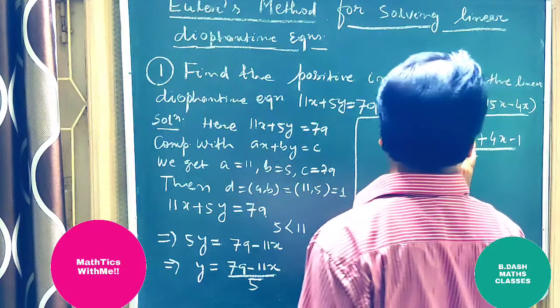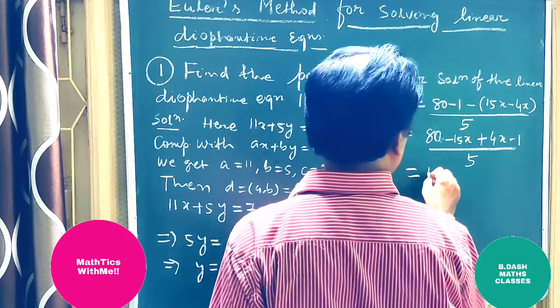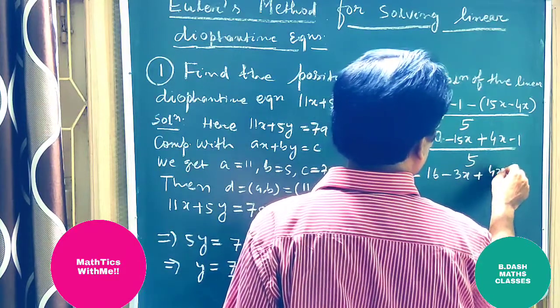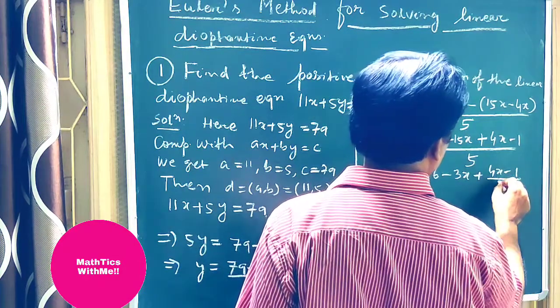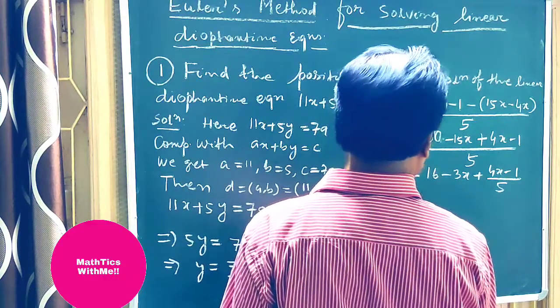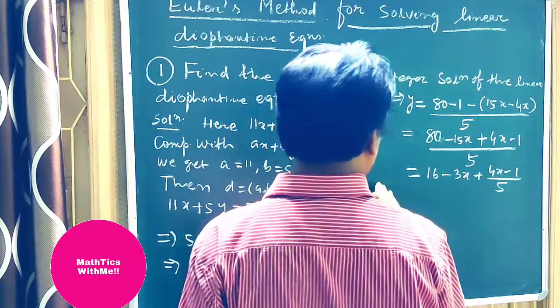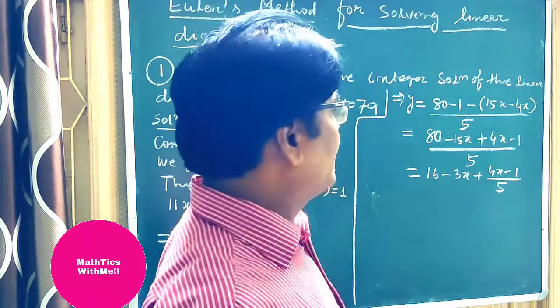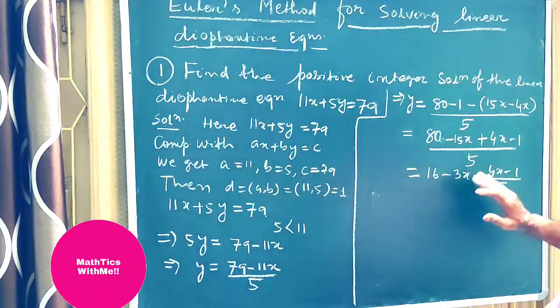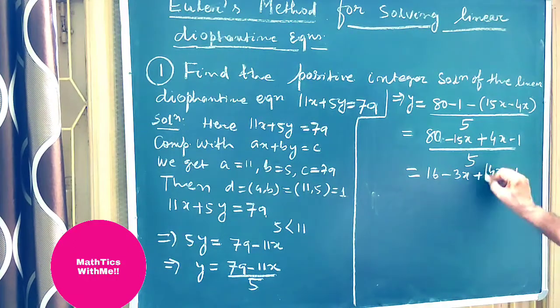This is equal to 16 minus 3x plus 4x minus 1 by 5. So here we are getting y is equal to 16 minus 3x plus 4x minus 1 by 5.